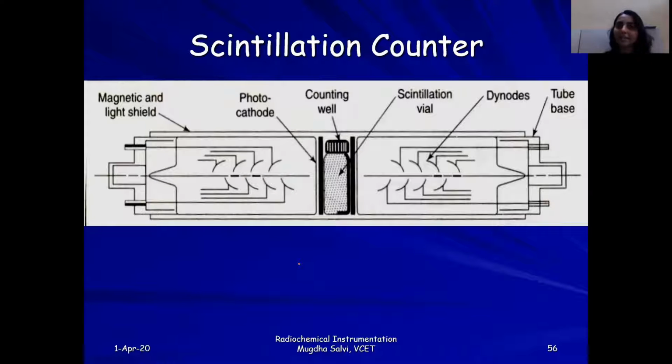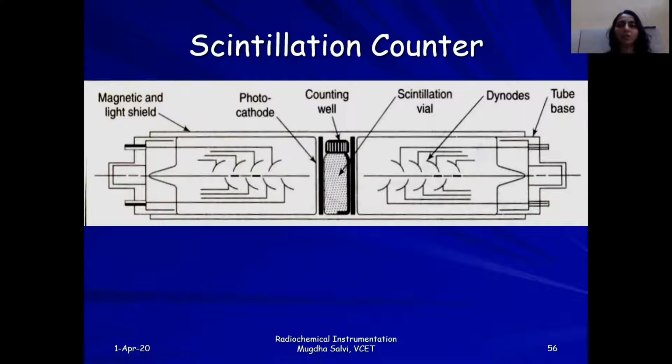Now this scintillator will give out photons when these radiations strike it. So these photons then will be used for measurement using a photomultiplier tube. So a combination of a scintillator and a photomultiplier tube is a scintillation counter.